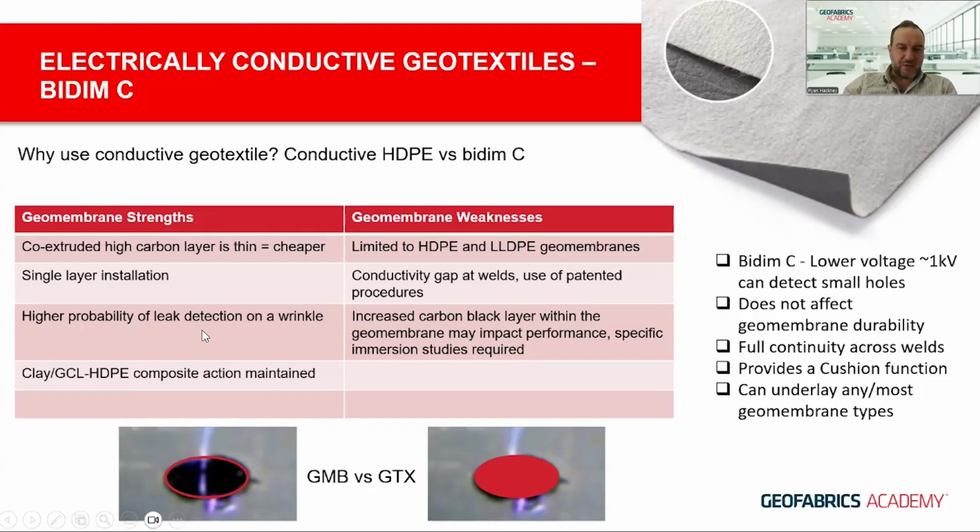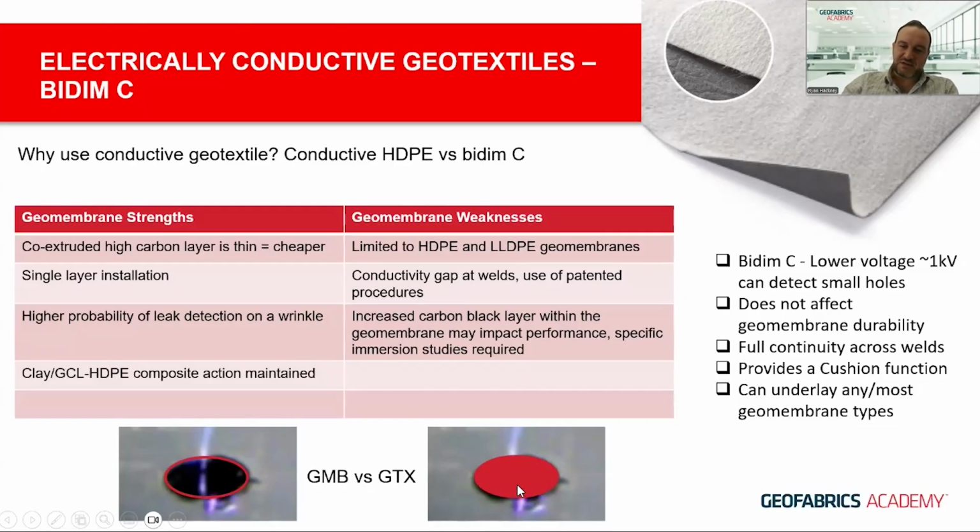Another thing to highlight here on the bottom, there's a zoomed in circular defect from one of the videos earlier. On the left hand side, if you consider that to be a conductive geomembrane, the electricity can only connect with the conductive layer on the circumference of that defect.